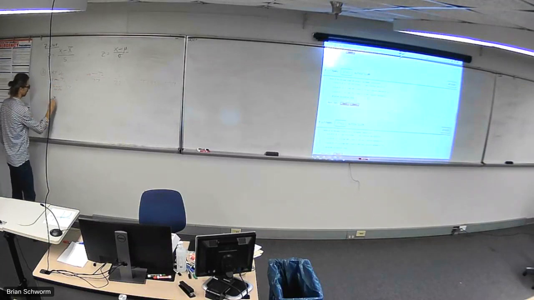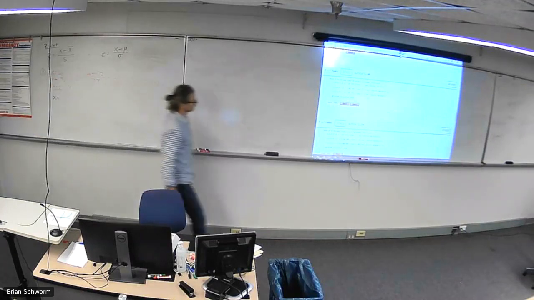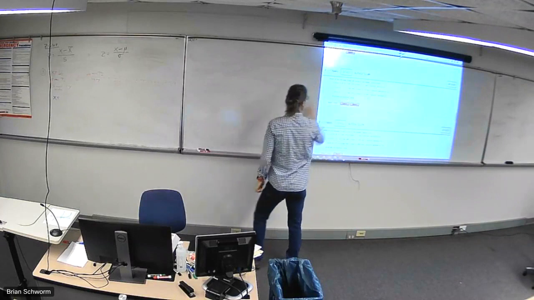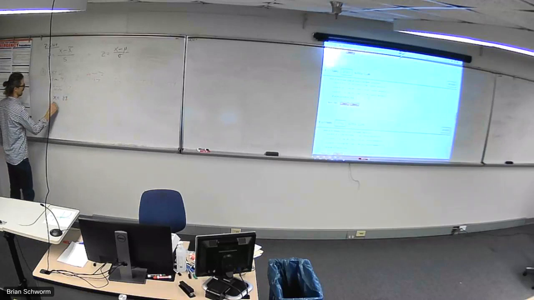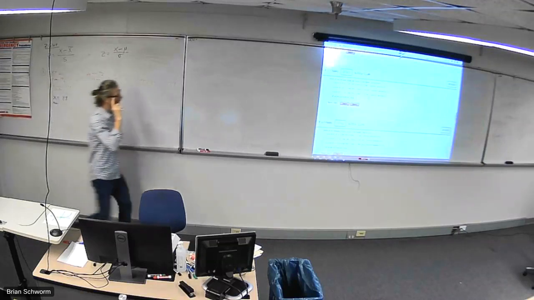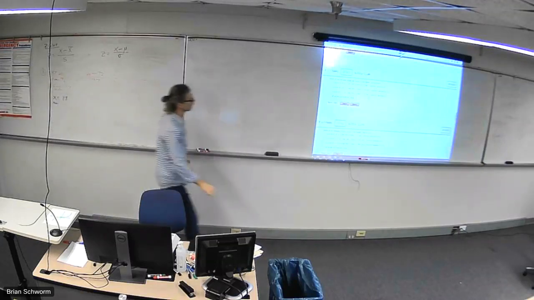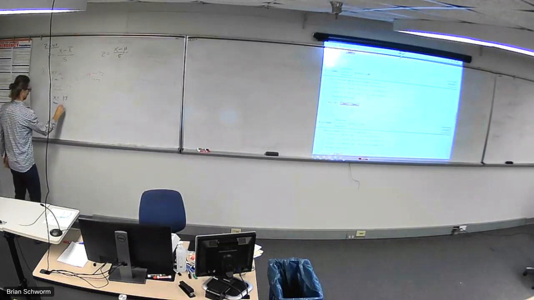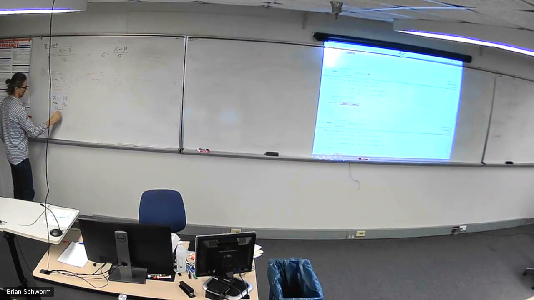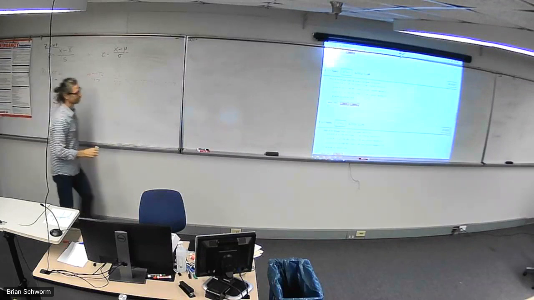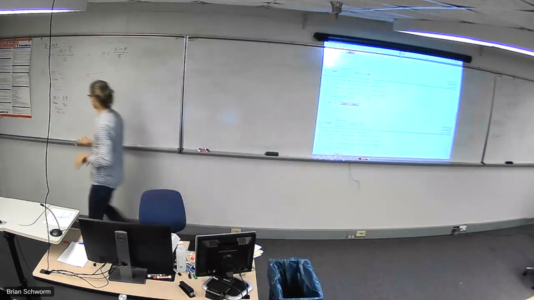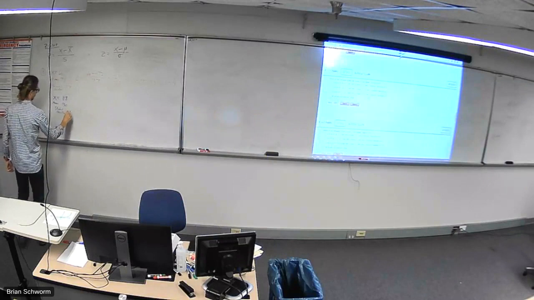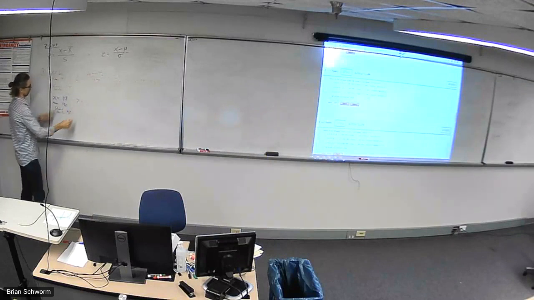Anyway, the next one said there's a score of 118, the mean, the average, 130, standard deviation 18.7. Calculate the z-score.